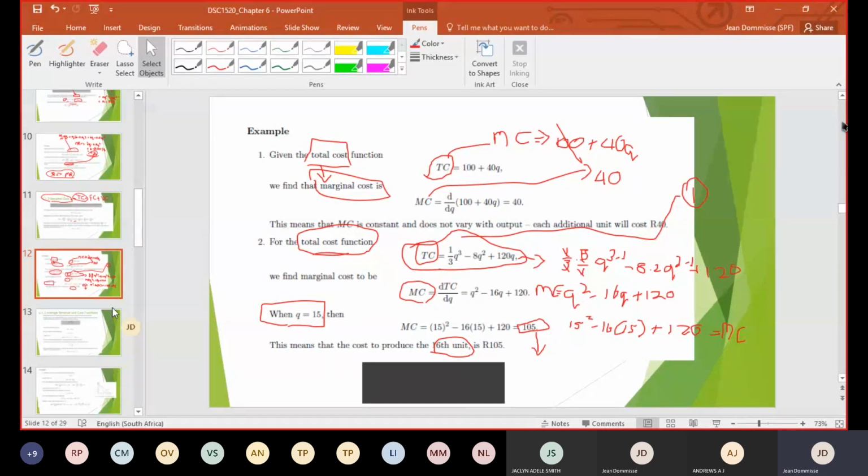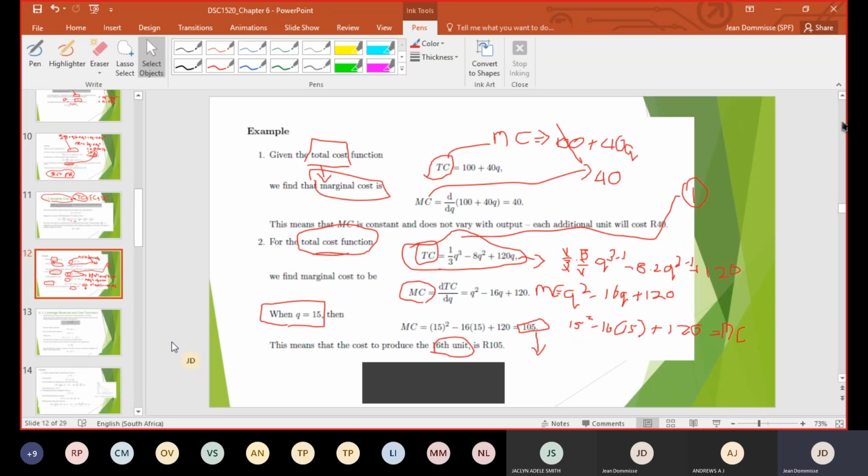If you derived it another time, you'd get something different, and it's not even marginal cost anymore, you're going further into the economics. So you don't derive another one at this point.